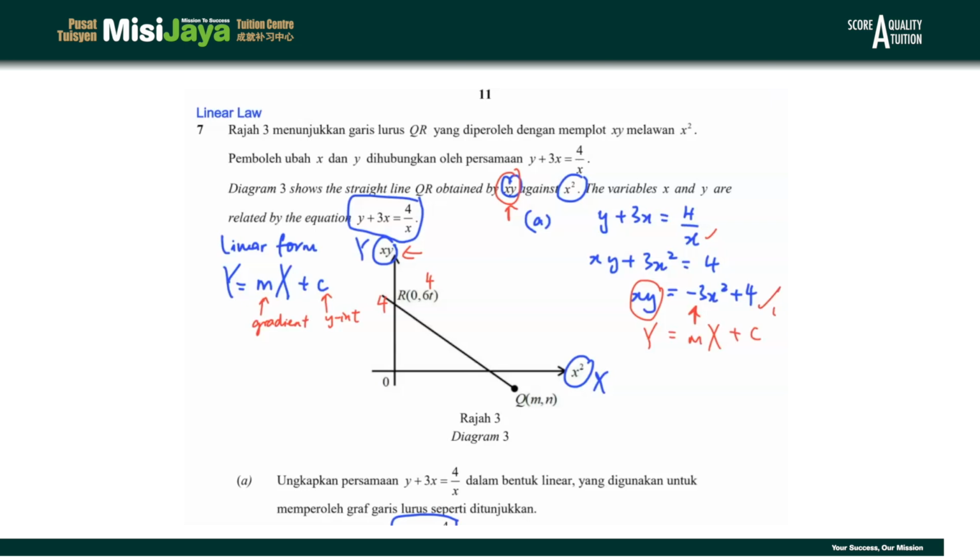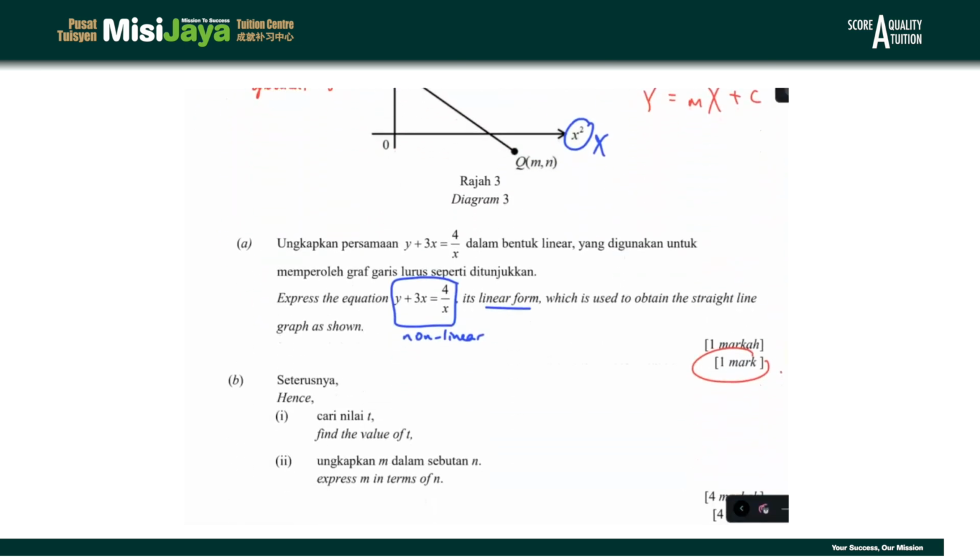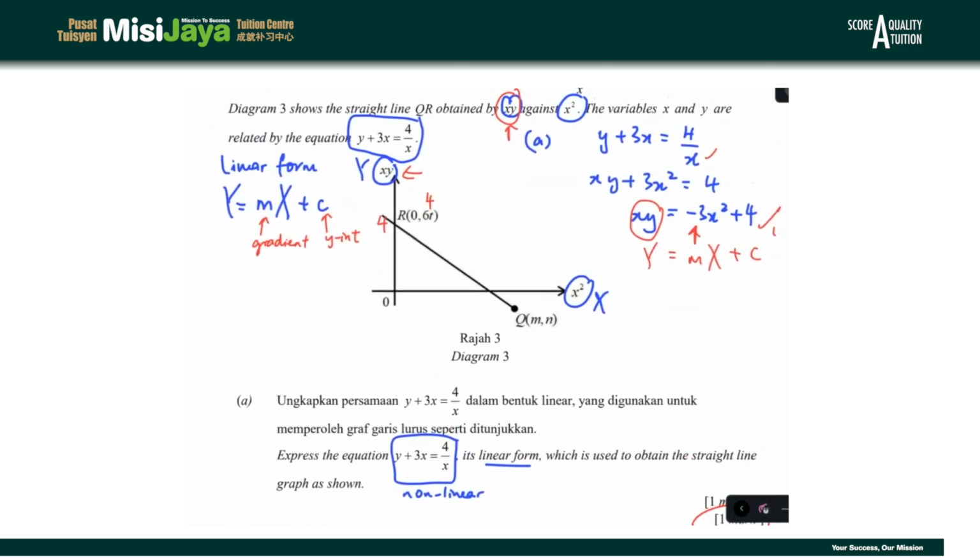Understand? Now we continue with B, because in B they ask us to find the value of t. So where is the t? The t is the coordinate R here, right? So 6t equals 4, and we can get the answer very easily. So for B1, we have 6t equals 4, so t is 4 over 6. When we simplify, we get 2 over 3.